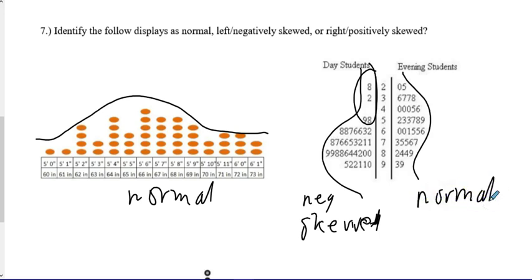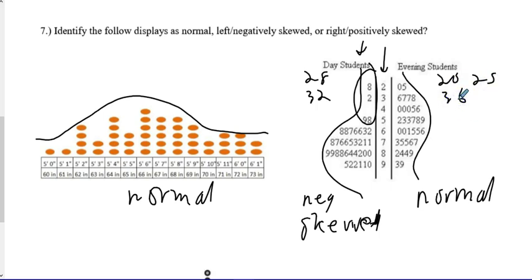So since we're looking at two groups, even though it's on one stem and leaf plot, it can still have different results. And also, we didn't talk about this, but on the day students here, this number here represents 28, and then 32. This number is still our stem. So this is 20 and 25, 36, and so on.